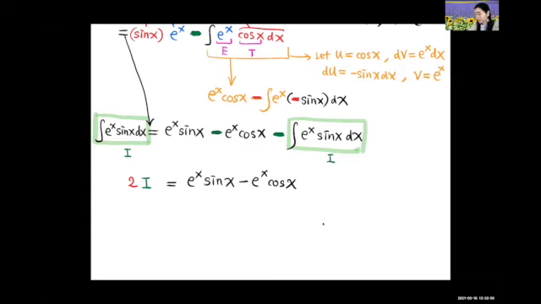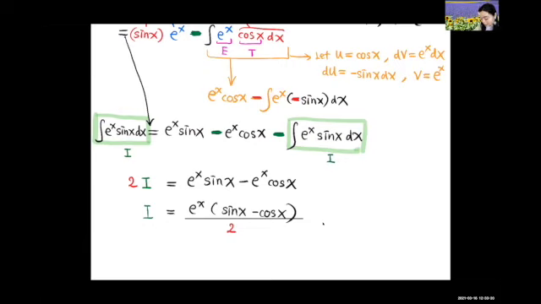So the integral that we're looking for, now we can divide both sides by 2 to find it. So what is that integral? e to the x times sine x minus cosine x, and then divide by 2, and that's the result.